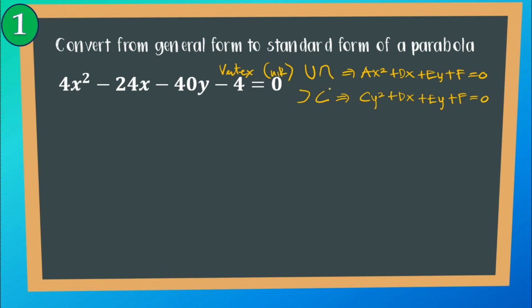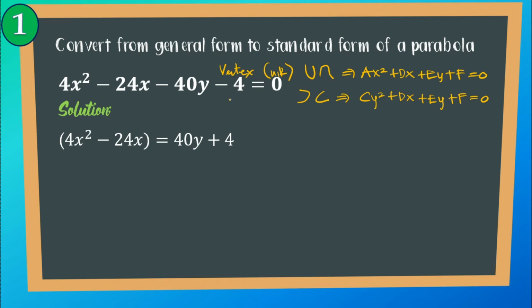Okay. So, ang gagawin natin dito, para maging standard form siya. Okay, let's have two groups yung mga terms na may same variable. So, first, i-grupo natin yung 4x squared minus 24x. Tapos, yung y naman, yung negative 40y, i-move natin dito sa right side.